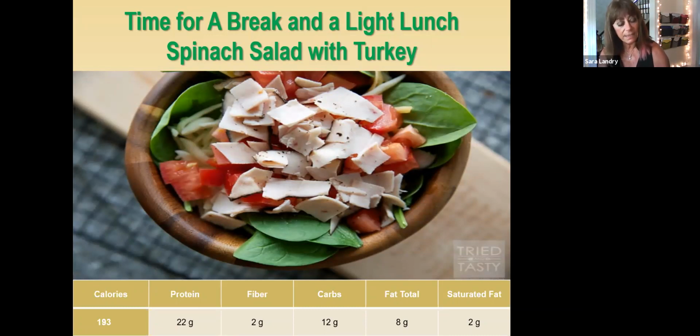And if you look at the bottom here, you can see that one serving has 193 calories, 22 grams of protein, 2 grams of fiber, 12 grams of carbohydrate, right? So that's within a reasonable range. It has 8 grams of fat. So that would be a really good lunch to have if you're a type 2 diabetic.